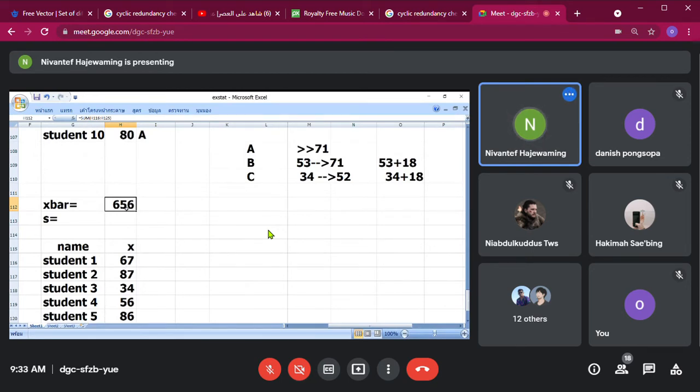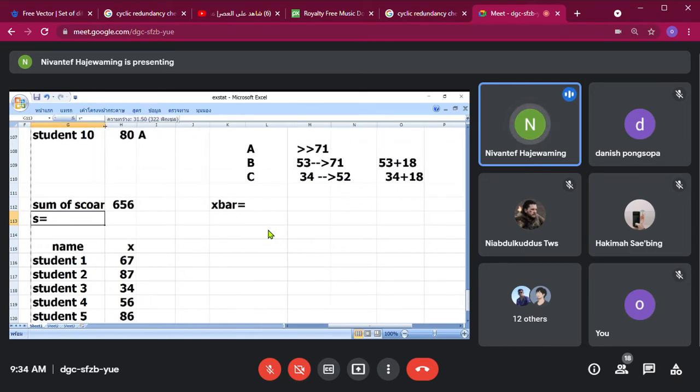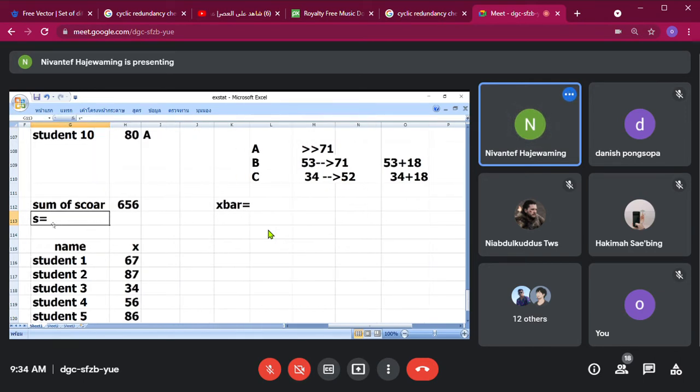Sum of score, you put this one here. N equals 10, right?